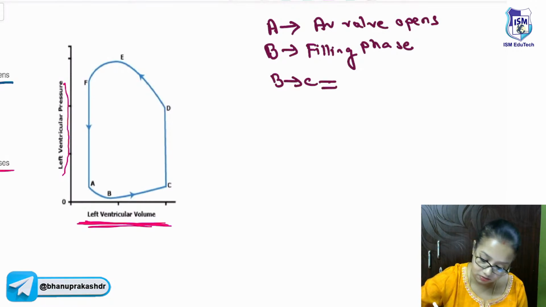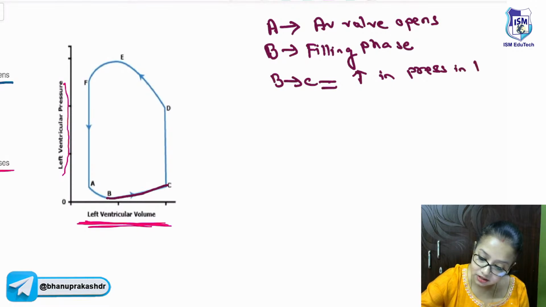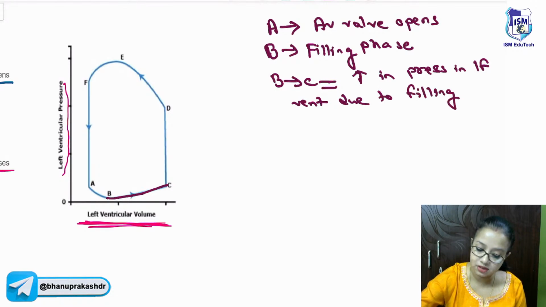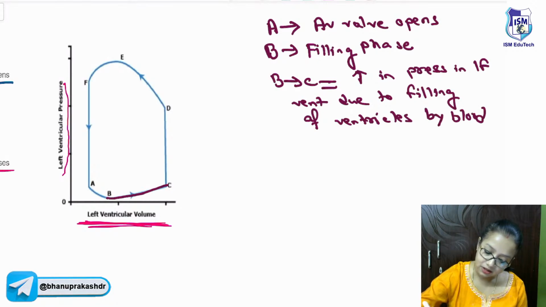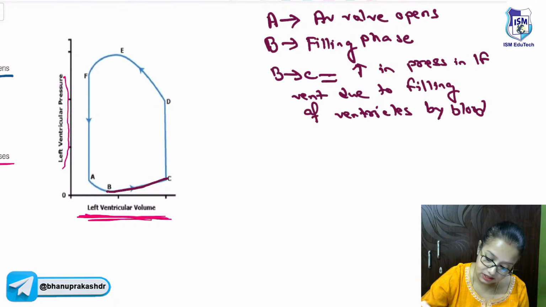The arrow going from B to C signifies an increase in pressure in the left ventricle due to filling of the ventricles by blood.